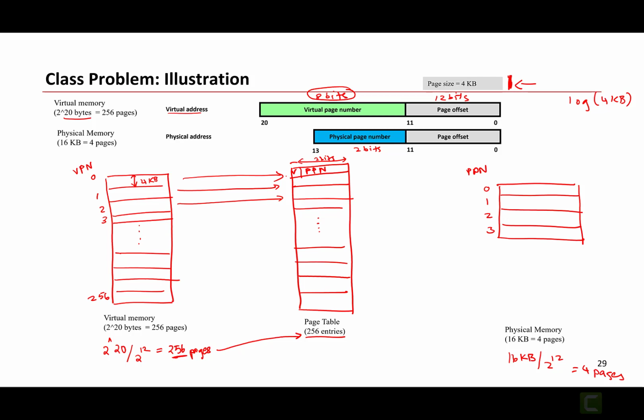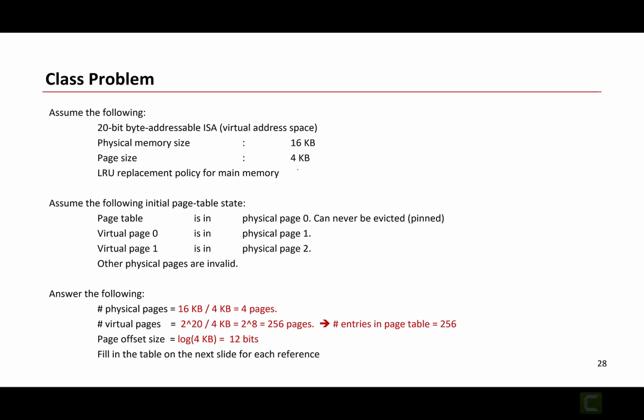Okay, so in the problem that we are working on, we are also given the initial state of my page table. Let's go and try to find out what that initial state is, and so we will try to represent that here. So first, the page table has to be stored in main memory. So we are told that it is stored in the physical page number 0.